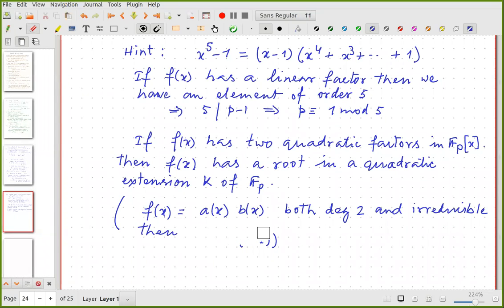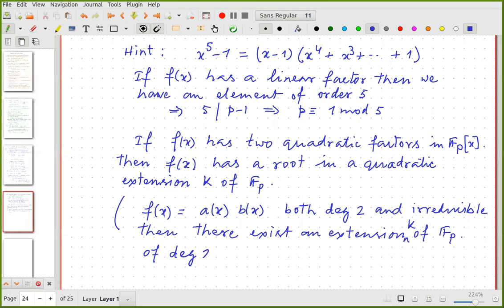So what I want to write is, then there exists an extension K of Fp of degree 2, where a(x) has a root.